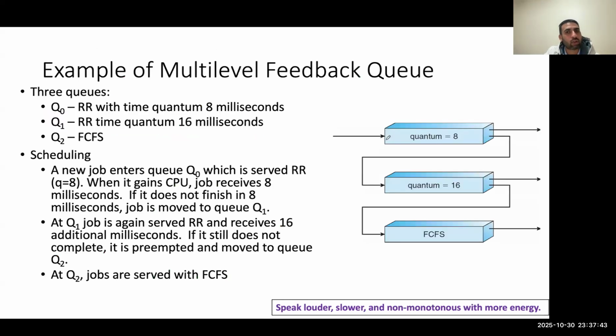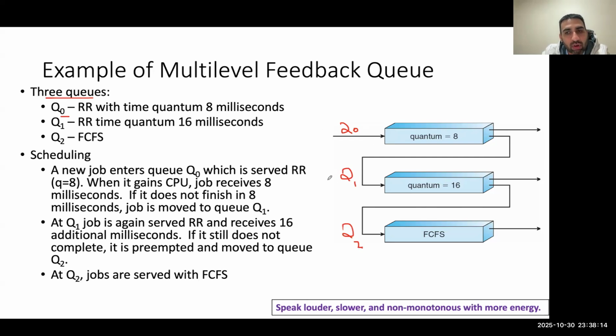So let's try to understand it through an example. Let's say we have 3 queues, right? Q0 is, let's say, our highest priority queue, Q1 is the next highest priority, and Q2 is the lowest priority, right? All the processes which have priority of 0 will go to Q0.